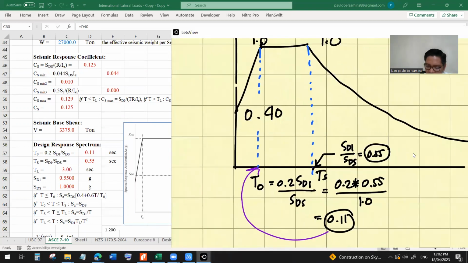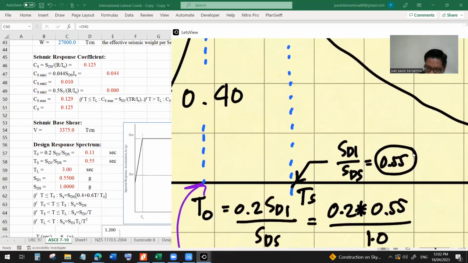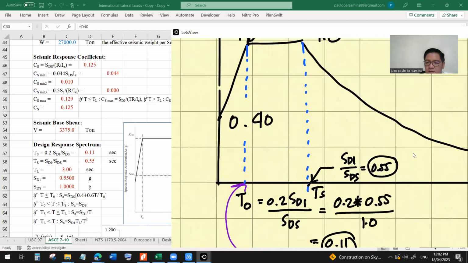So 1 second na period mo, kung ito ay 0.55, so tansyahin ko na lang, roughly na, dito yung 1 second. The value niya should be 0.55. Tapos ito ay 1.0. Okay?